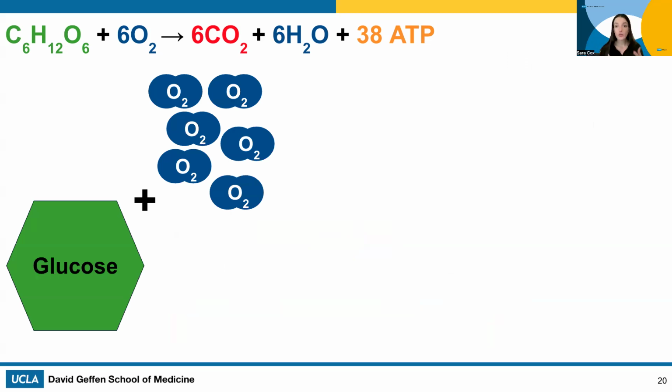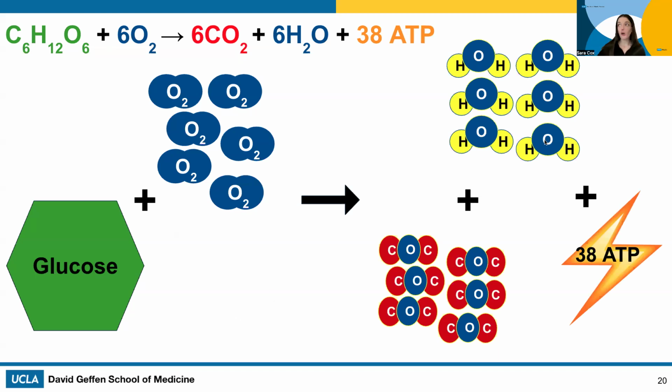In this glucose oxidation, our cells break down glucose in a series of these redox reactions, and our oxygen is reduced, meaning it's our final electron acceptor. When this happens, we create H2O, or water, and we create carbon dioxide.